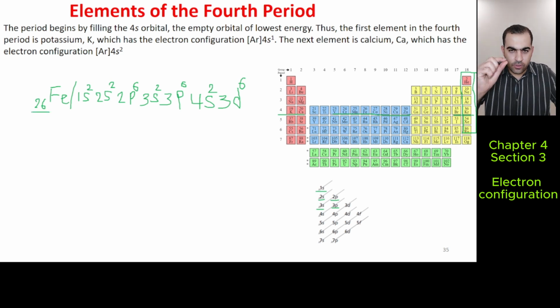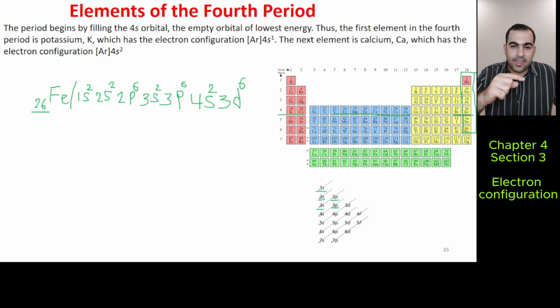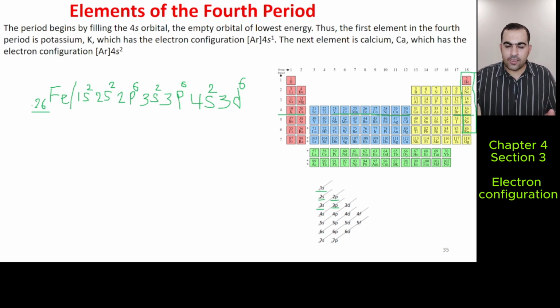I'm going to choose a noble gas whose atomic number must be less than the atomic number of the element I have now. Iron is 26. Tell me a noble gas whose atomic number is less than 26. Here we have argon, neon, helium. Which one do I use? I use argon.